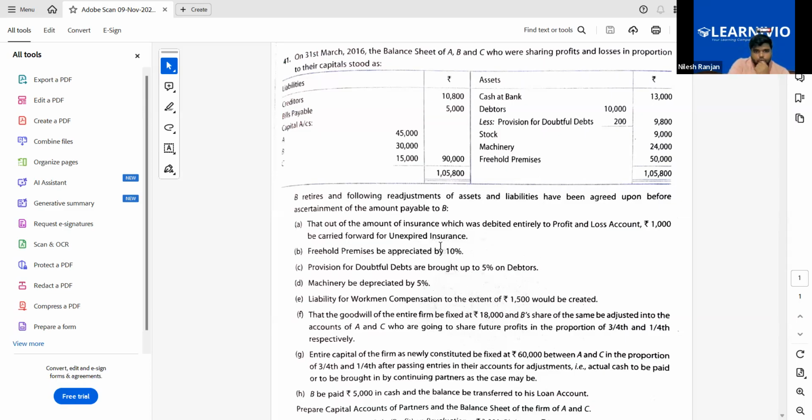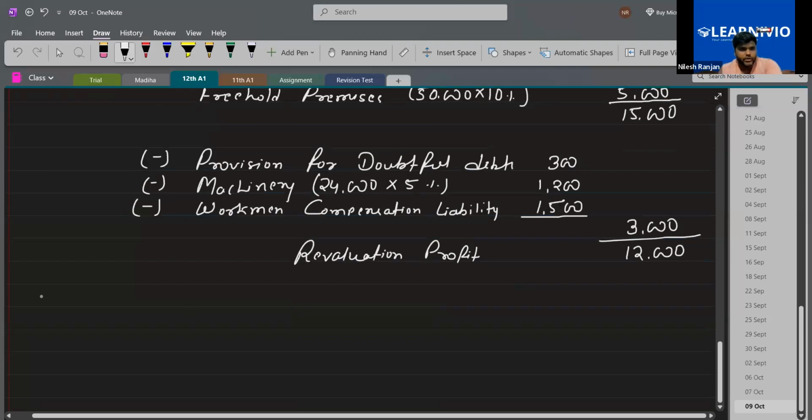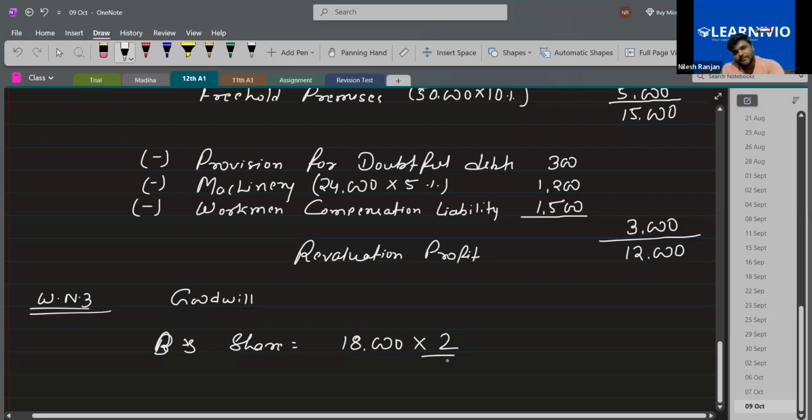So we have completed up to point number E. Now, after that, there is goodwill, 18,000 value of goodwill. So working note number 3. In this question, everything is given. It will take time. So first of all, B is retiring. So B's share will be 18,000 into 2/6, so 6,000.